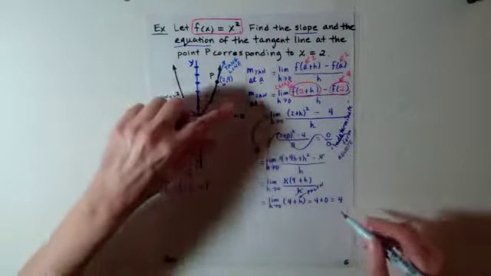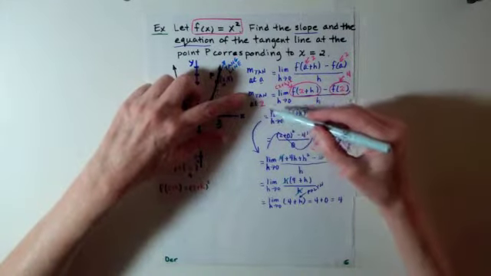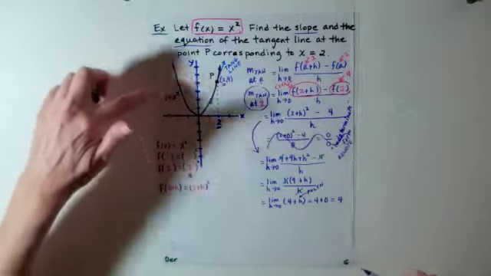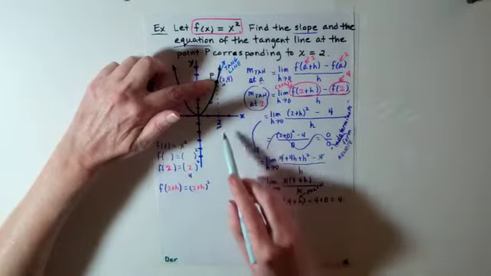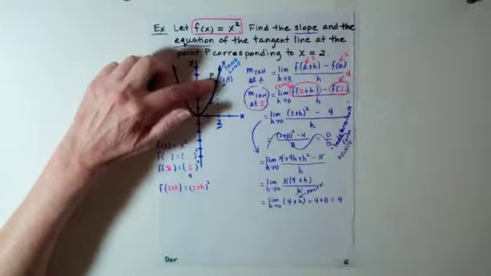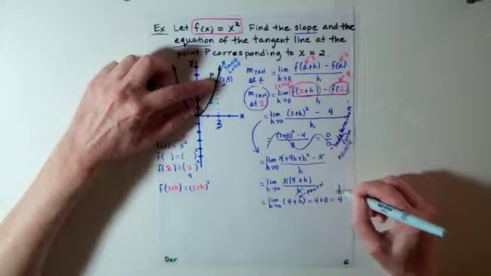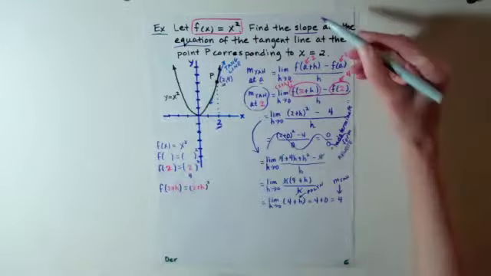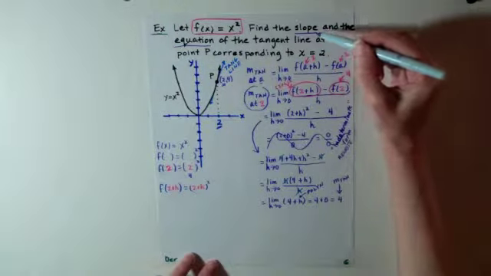And what was this 4 equal to? If you follow all these calculations back up here, it's the slope of the tangent line to my black curve at the point P that corresponds to an x value of 2. So this is the slope of the tangent line that I was looking for. That's the answer to this first part of the question.